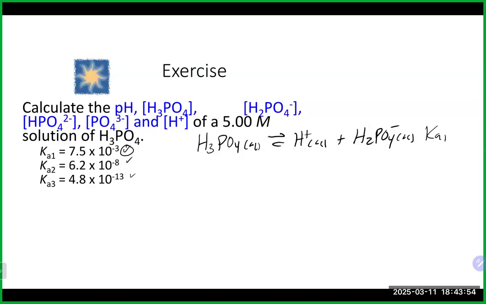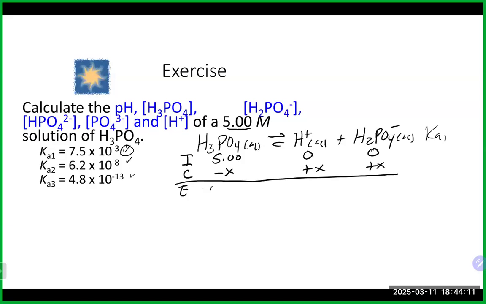We will do an ICE table because it is a weak acid. So we will have 5 molar of H3PO4. We have 0 of this one and 0 of this one. Change will be minus x, plus x, plus x. That means at equilibrium, we have 5 minus x, x, and x. Any questions on the table so far?